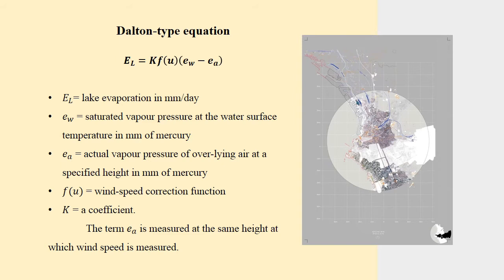Most formulae are based on the Dalton type equation and can be expressed in general form: E_L = K f(u)(E_W − E_A), where E_L is the lake evaporation in millimeter per day, E_W is the saturated vapor pressure at the water surface temperature in millimeter of mercury, E_A is the actual vapor pressure of the overlying air at a specified height in millimeter of mercury, f(u) is the wind speed correction function, and K is a coefficient.